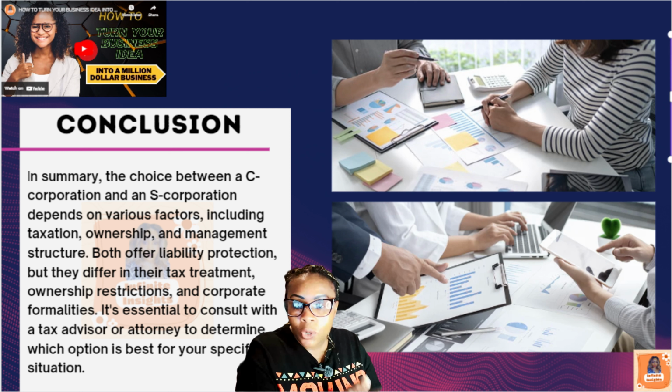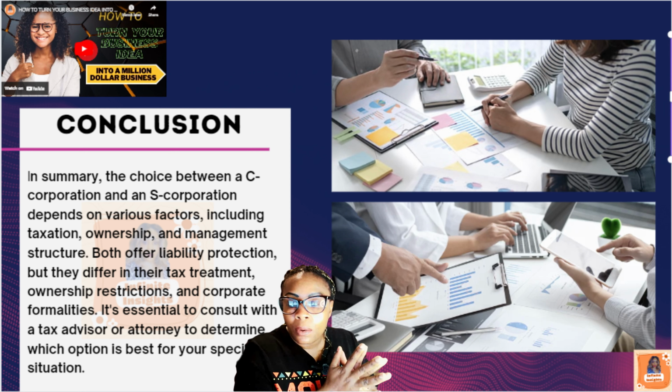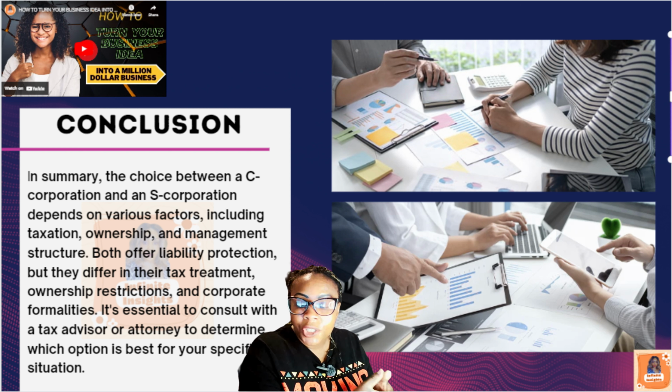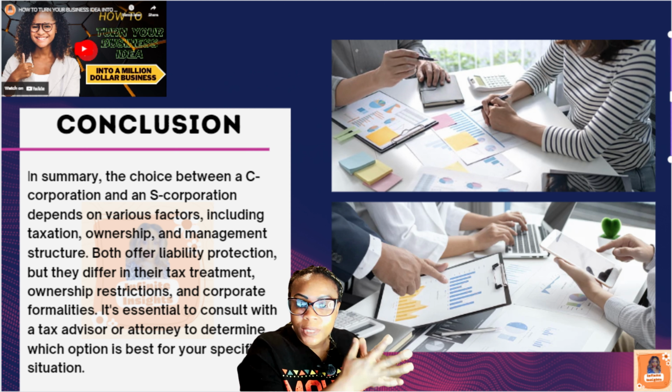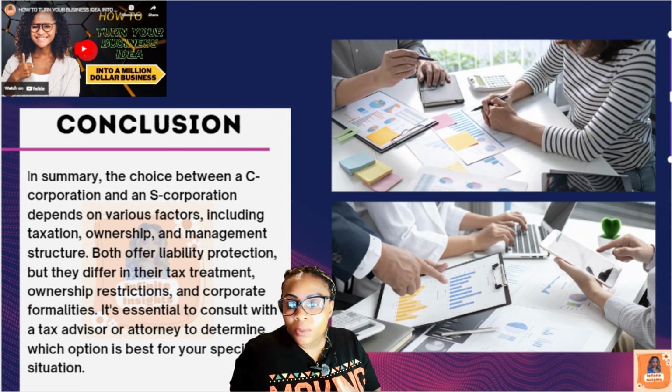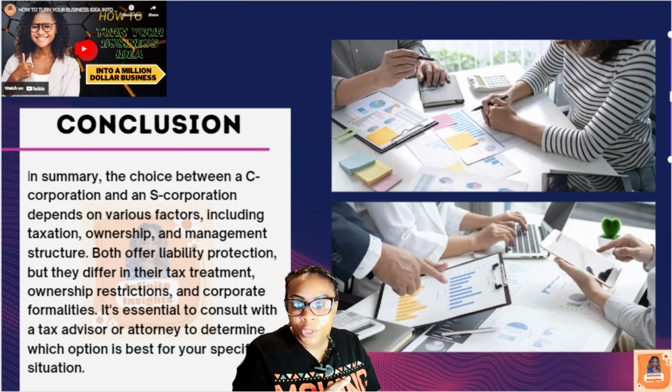With S corporation, we talked about limited ownership. With C corporation, we talked about double taxation, and with S corporation single taxation, and so on and so forth. So I'm hoping that you learned something in this video and that you move forward with your business and corporation without any issue.